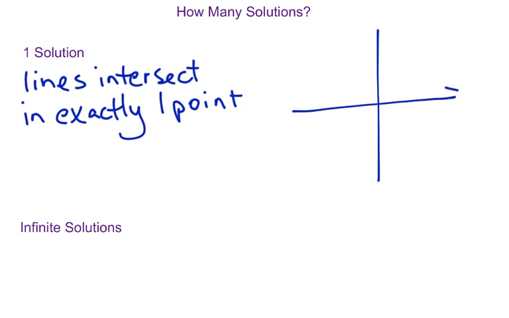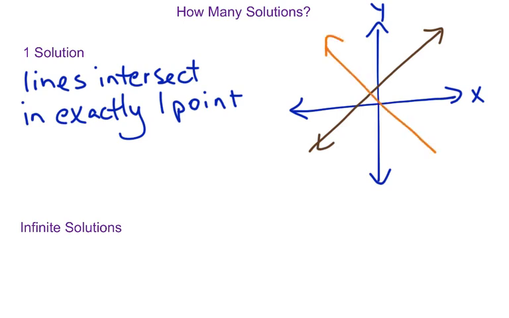So when we look at our graph, and I am doing all of these by graph, so that's x and y. If our first line goes through here and our second line goes through here, these two lines intersect at exactly one point. It's the only point they share, so there is one solution.